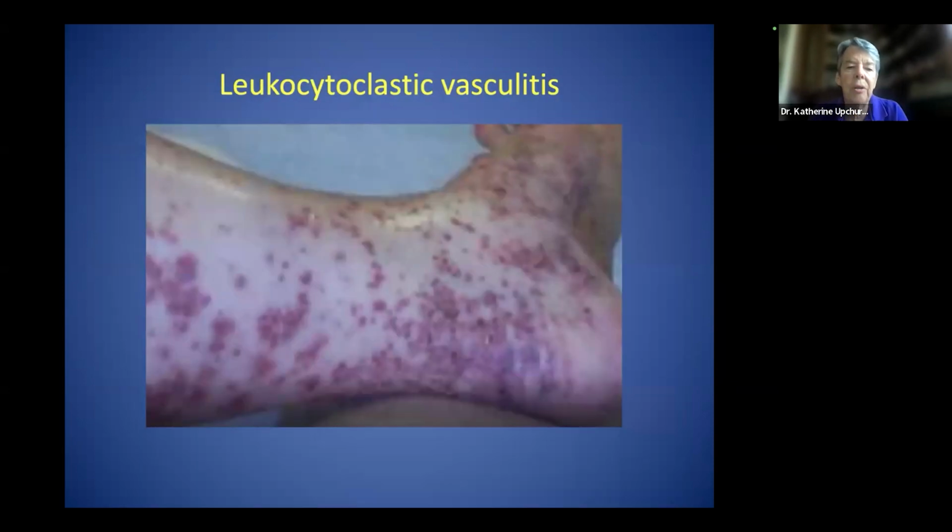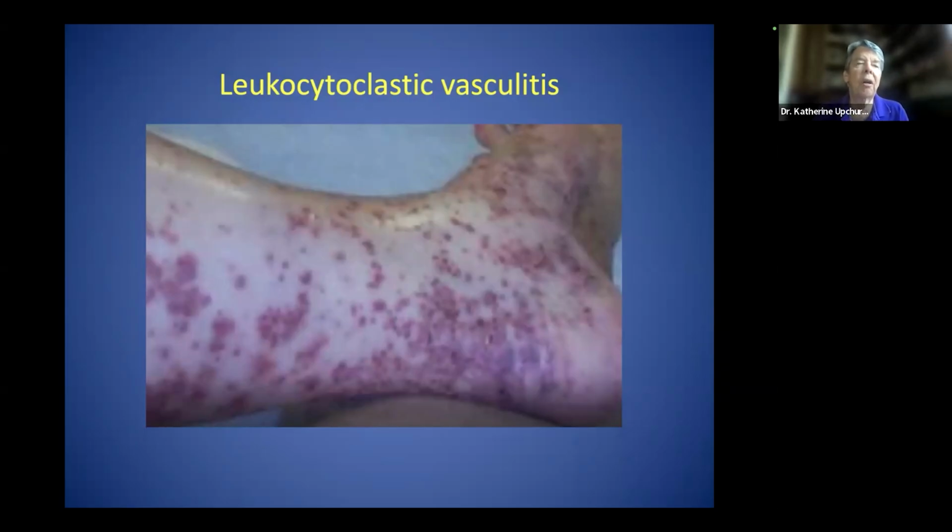Now, I've already mentioned, and this is familiar if you were paying attention, this is a patient who has what's called a leukocytoclastic vasculitis. Like arthritis, that's not a diagnosis. That is a description.